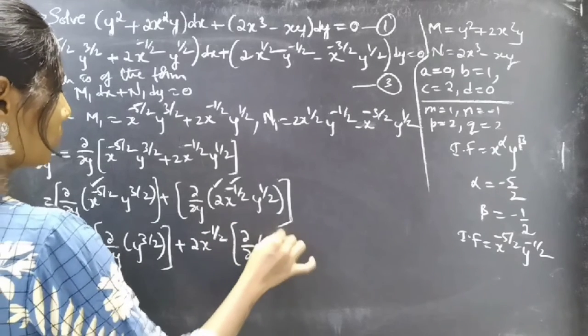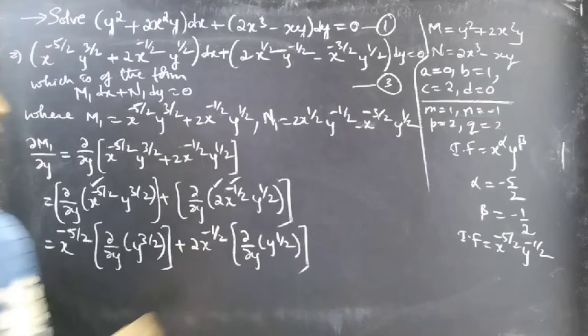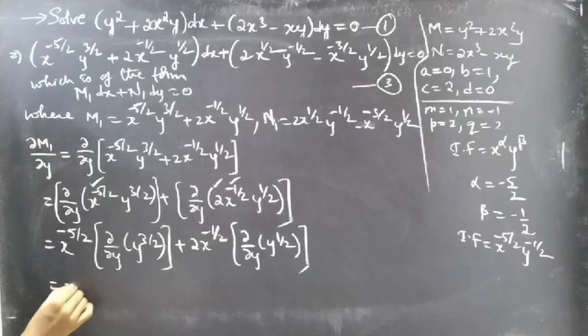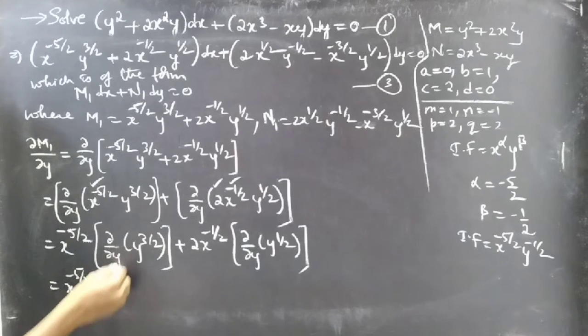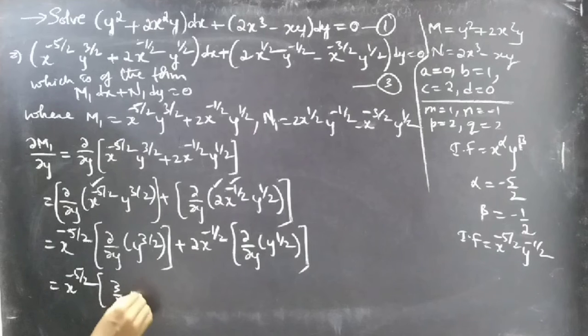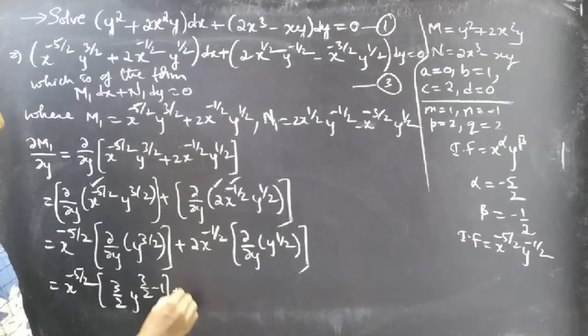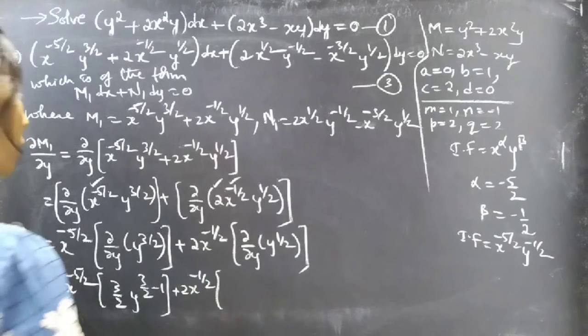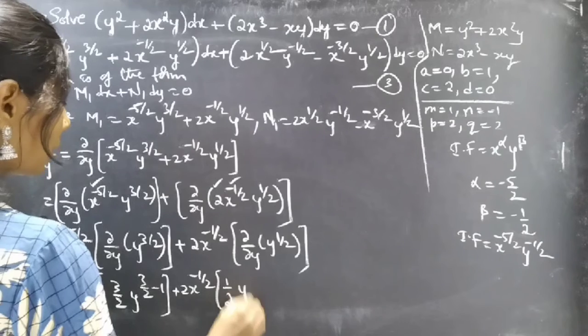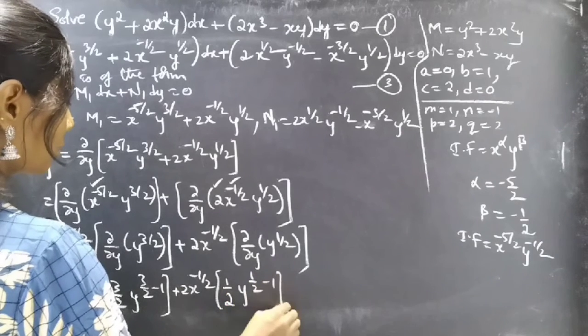the partial derivative of y^(1/2), which gives us x^(-5/2) into the partial derivative of y^(3/2) with respect to y, which is 3/2 into y^(3/2 - 1), plus 2x^(-1/2) into the partial derivative of y^(1/2), which is 1/2 into y^(1/2 - 1).